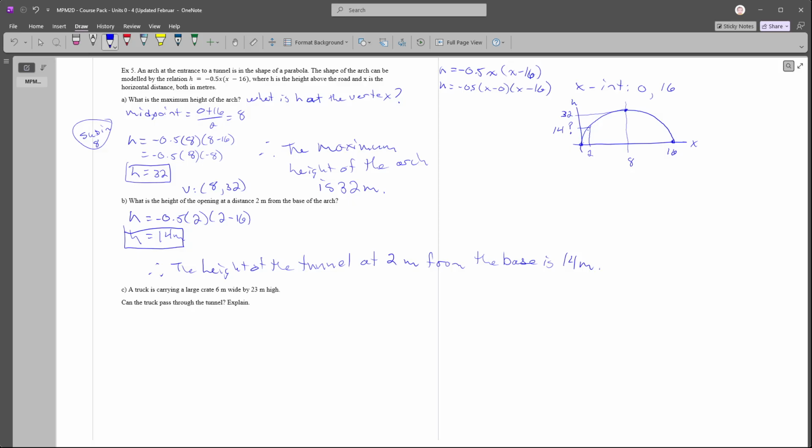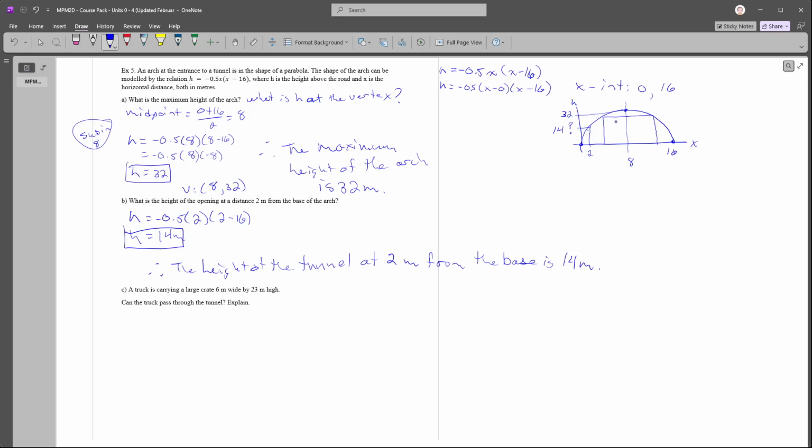So what we're basically looking at here is if the truck drives across here. What is that height that we have to deal with? We know that the truck is carrying a large crate that's 6 meters wide. That means that the whole thing is 6 meters wide. So what does that mean about each half?